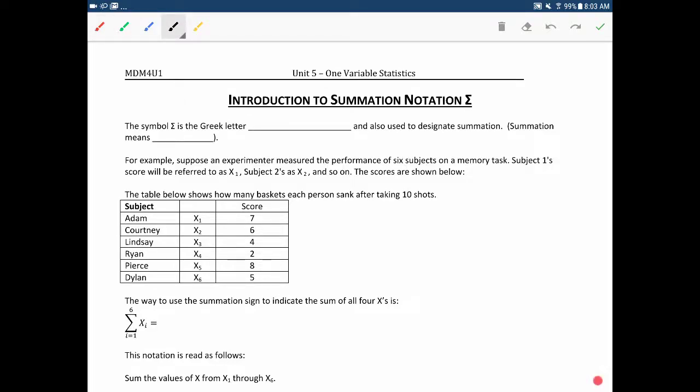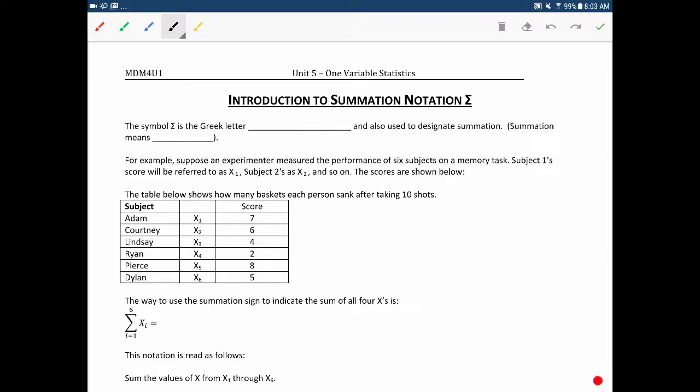Hey guys, today we're going to take a look at what we call summation notation or sigma notation. First of all, this is just a way of rewriting things to make them more simple and more straightforward. It's actually not nearly as complicated as it looks.